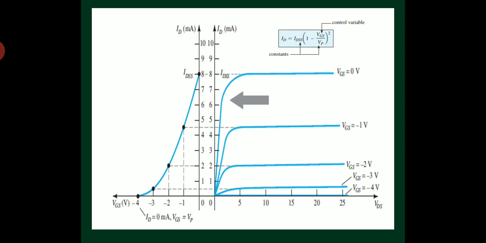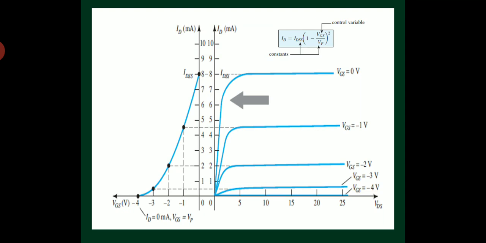What is IDSS here? IDSS means the maximum, saturation drain to source current. When VGS is equal to 0 volts, it is the maximum current that flows in the FET, and this is called IDSS.